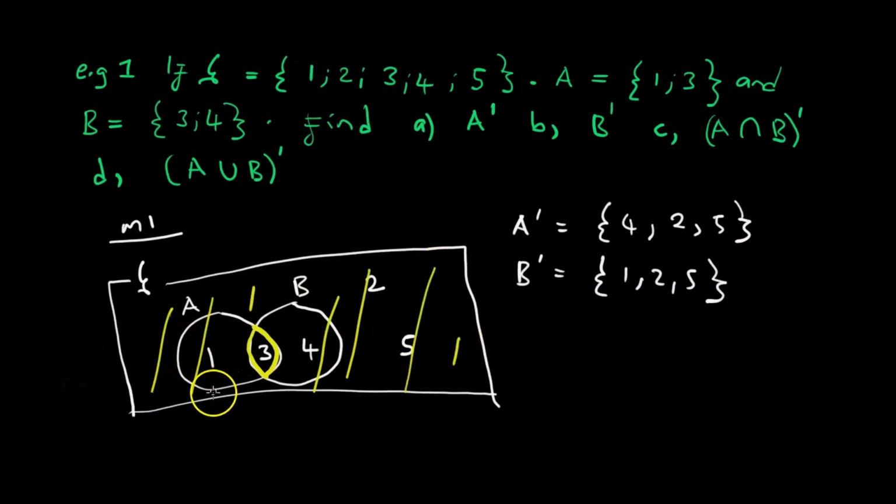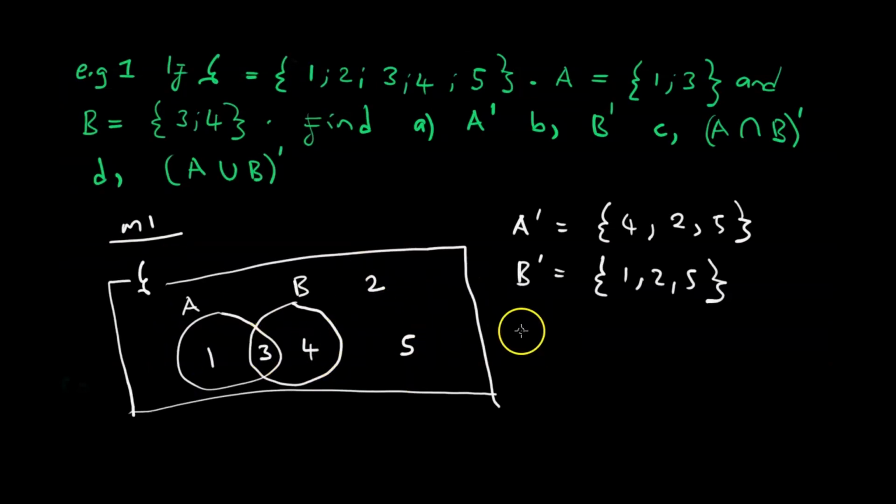Saka kwakashedhewa kunenge kuinani 1, 4 to 5. Kureva iko kuti A intersection B complement inenge iri equal to 1, 2, 4, 5.